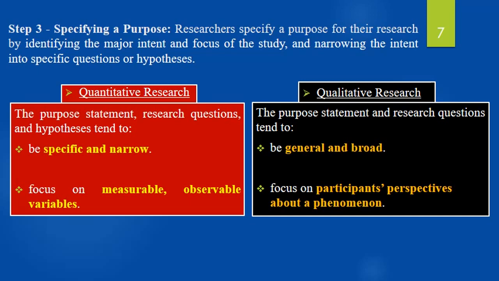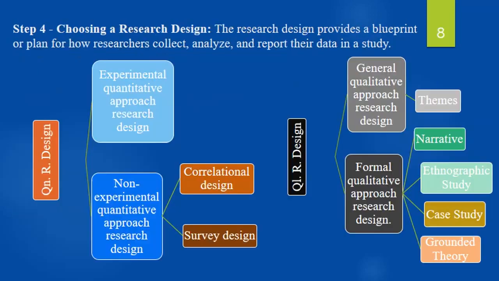Now, we all know that to conduct any educational research, we need to choose a research design. So, the fourth step of conducting any kind of research, either qualitative or quantitative, is that researchers have to choose a research design. Therefore, once researchers have stated their study's purpose, they select an overall approach and research design that is suitable to address their purpose.